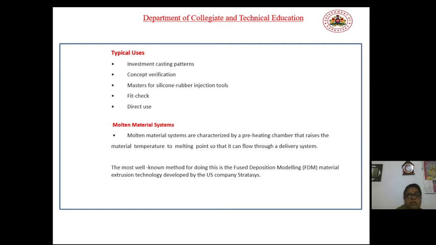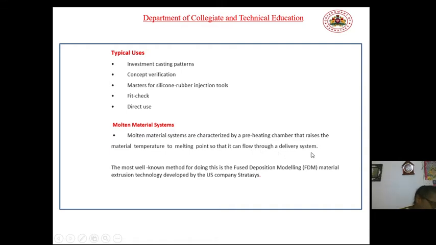the molten material system. The molten material system is characterized by a preheating chamber that raises the material temperature to melting point, so that it can flow through a delivery system.